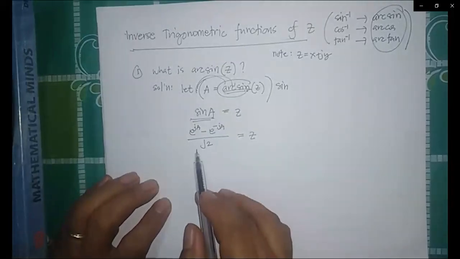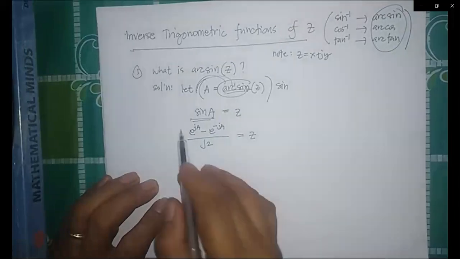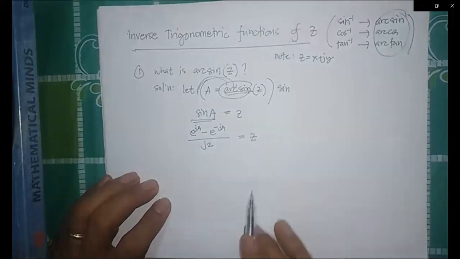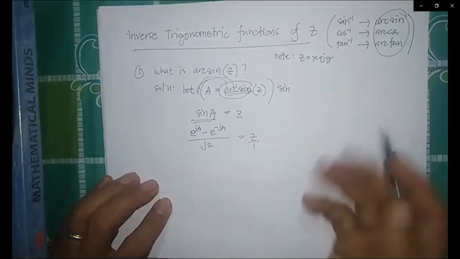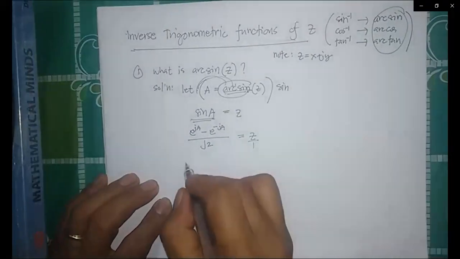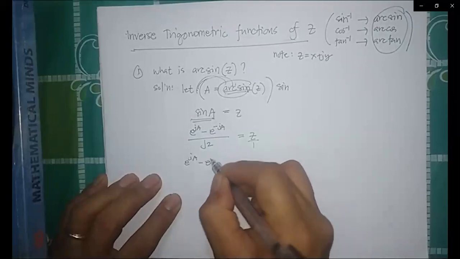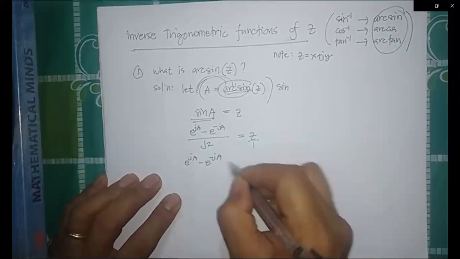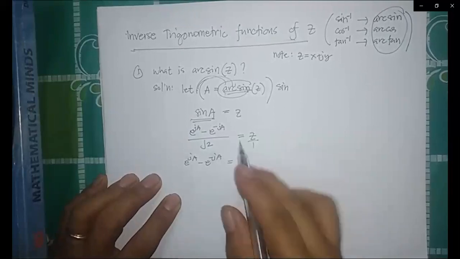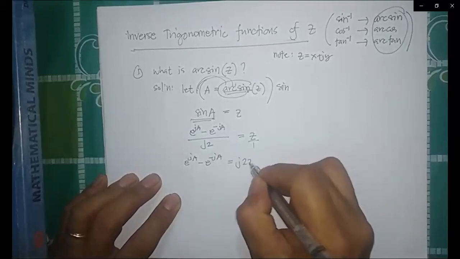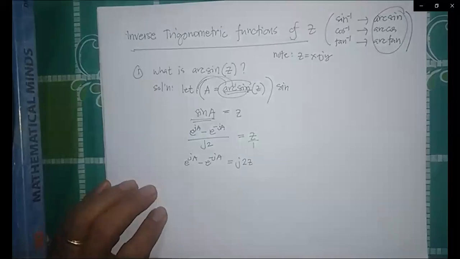Now, if we are going to simplify it further by multiplying j2 to the other side of the equation, or you can just do cross multiplication, what will happen here is e raised to ja minus e raised to minus ja will be equal to j2 times the complex number z.